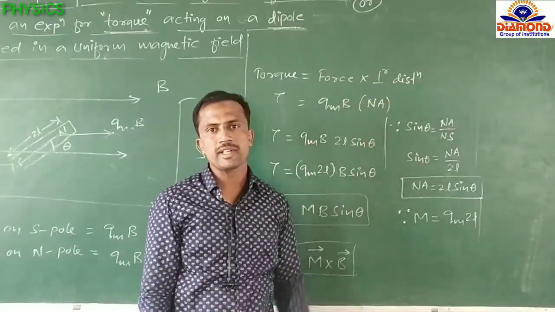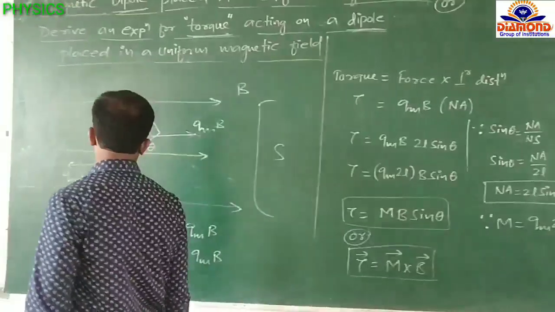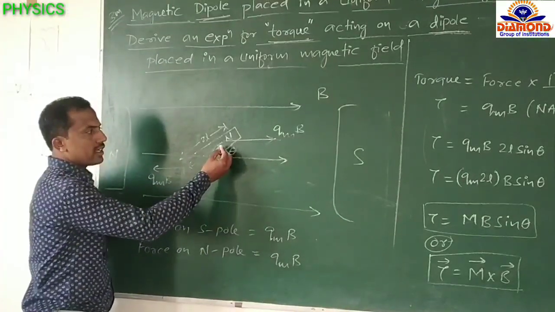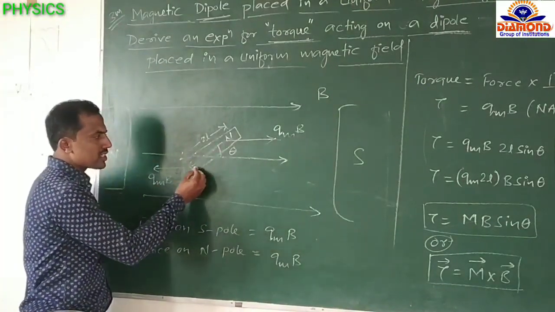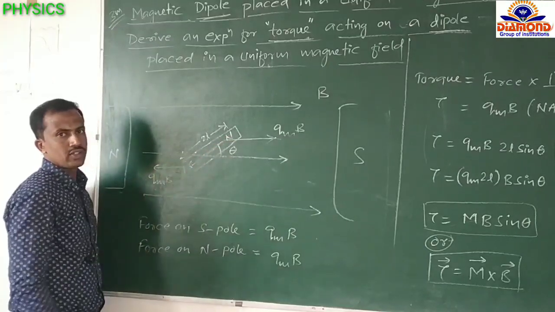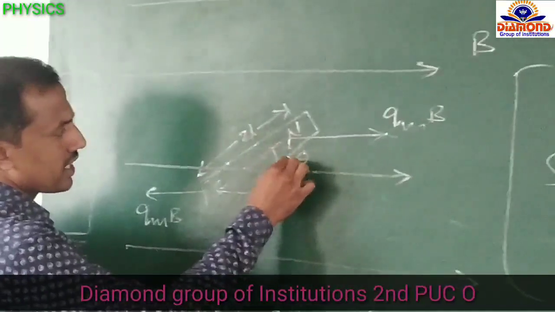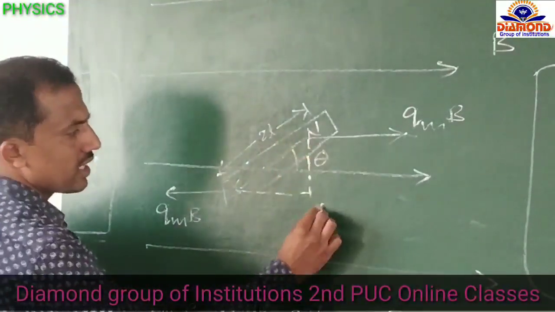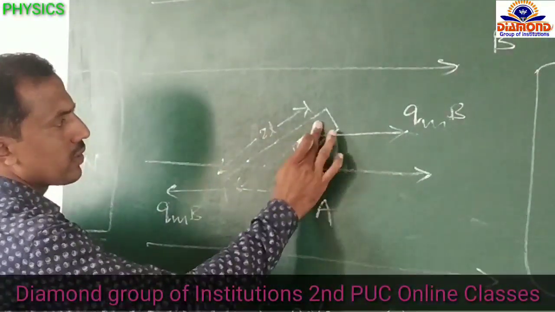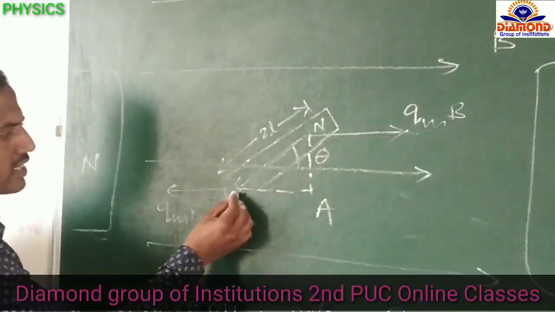The perpendicular distance is drawn from the two ends of the pole. We are taking a line this side, and again we draw one this side. This one is N, this one is A, and this one is S.